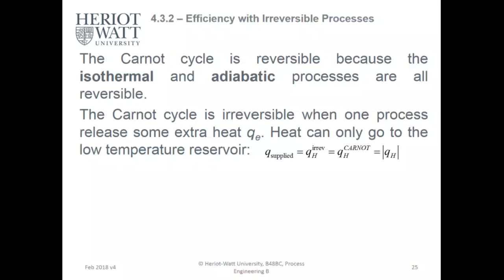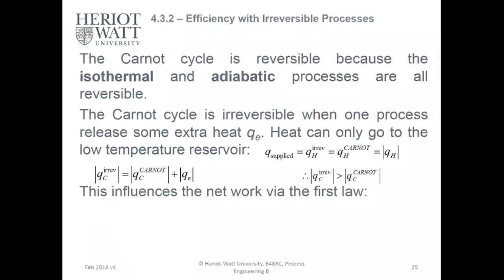Heat can only go to the low temperature reservoir, and the Q supplied equals the QH of the irreversible process, which equals the QH of the Carnot cycle, which equals the total heat energy. Hence, QC irreversible equals QC of the Carnot plus the QE, which is your supplied energy. Hence, your QC for an irreversible process is always larger than the QC for a Carnot cycle, because you have heat losses.